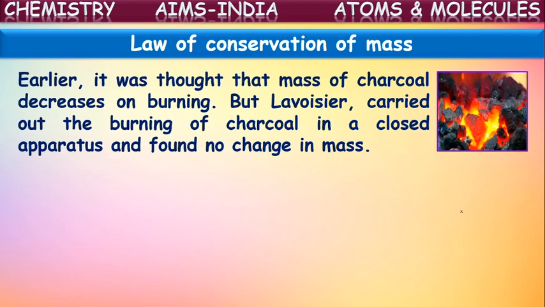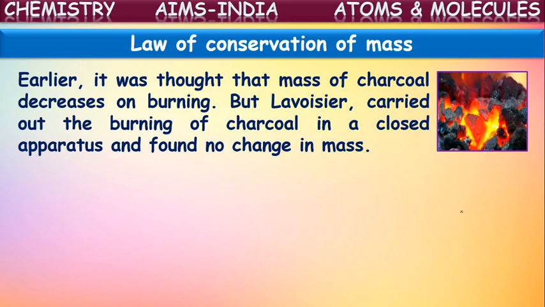But Lavoisier carried out the burning of charcoal in a closed apparatus and found no change in the mass. He did the same burning of charcoal experiment but in a closed apparatus, and finally found there is no change in the mass. So what is happening practically here?